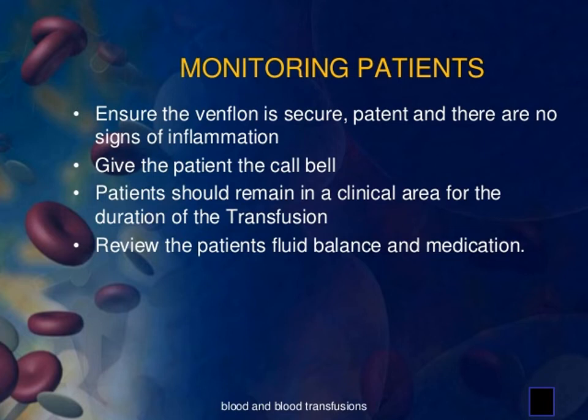Give the patient the call bell, or make some arrangements for the patient to call you in case of difficulty. And the patient should remain in a clinical area where observation is possible, and review the patient's fluid balance and medication before starting transfusion and at the end of transfusion also.